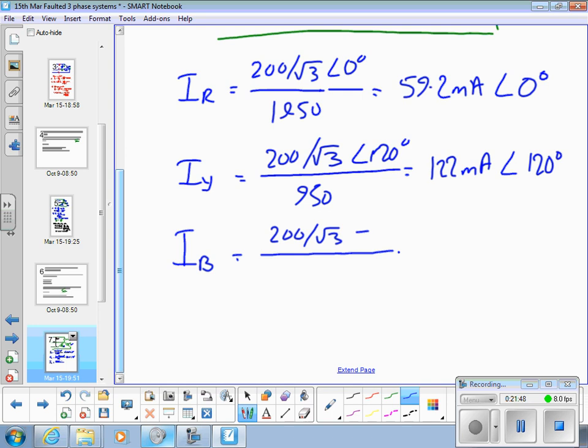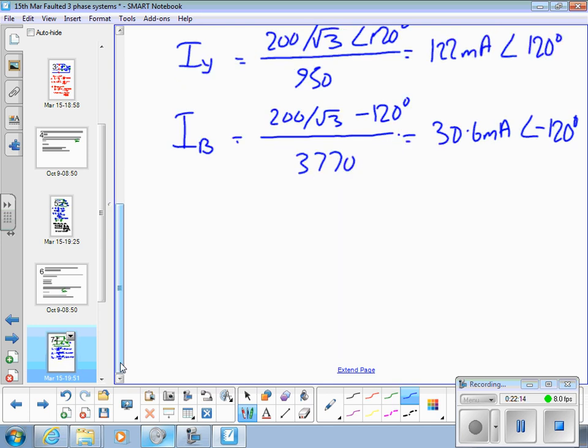And that was over the 3770, and I got 30.6 milliamps, angle minus 120 degrees. So those are the three currents that we should see on the three phases, according to the three resistors we've got connected.